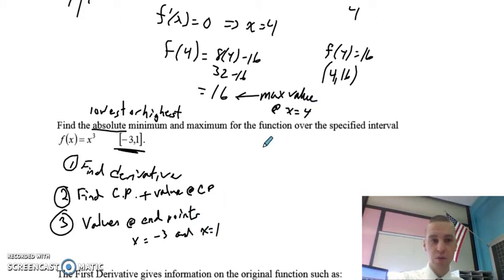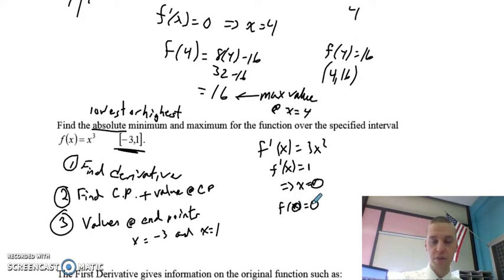Okay, so one, find f prime of x, which equals 3x squared. Setting f prime of x equal to 0 implies that x equals 0, and we know that f of 0 equals 0. So this is our first value.